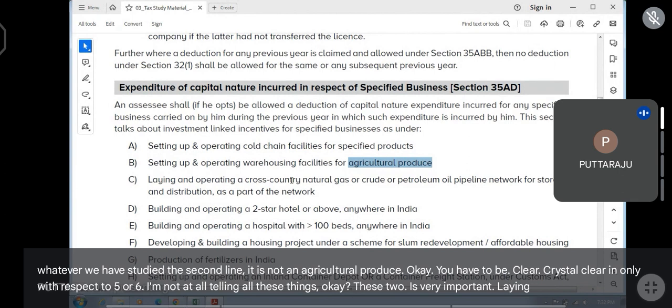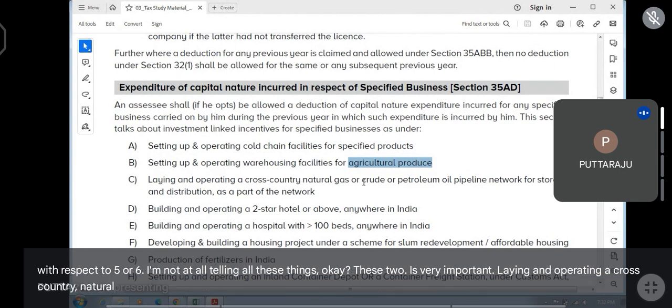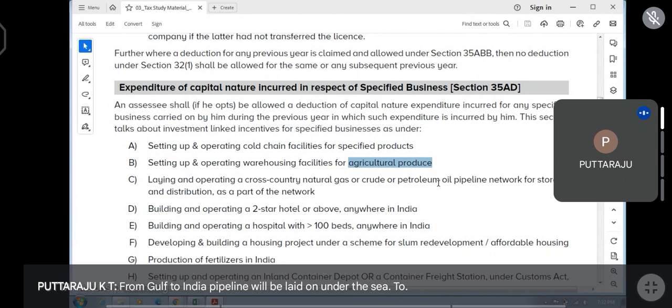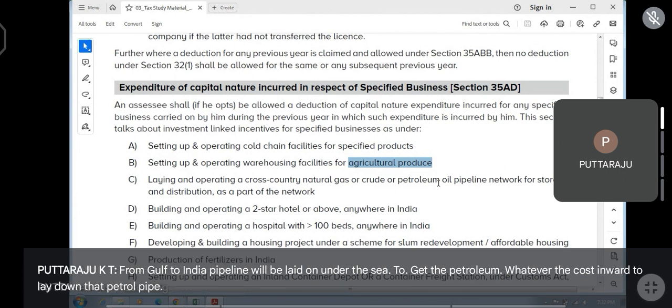Laying and operating a cross-country natural gas or crude or petroleum oil pipeline. That means from the Gulf to India, a pipeline will be laid under the sea to get the petroleum. Whatever the cost involved to lay down that petroleum or natural gas pipe, that entire cost can be claimed as deduction in 1 year.